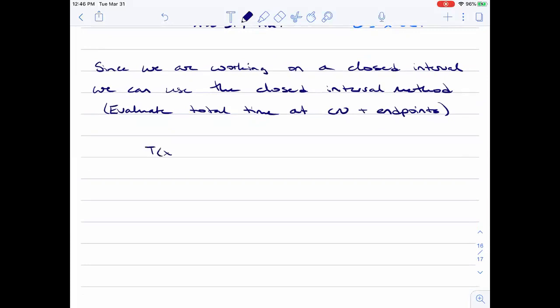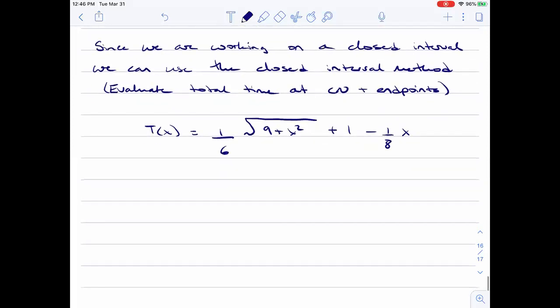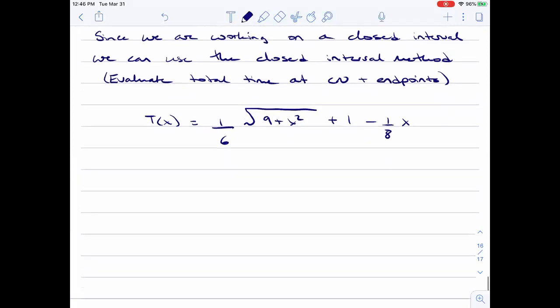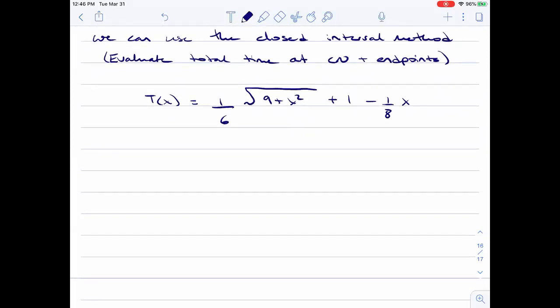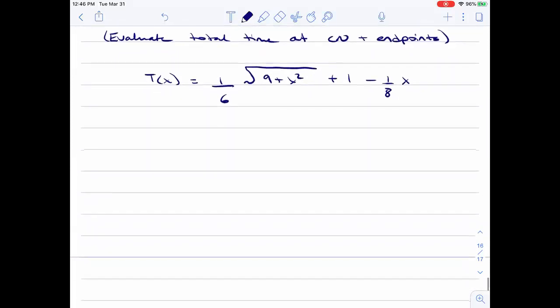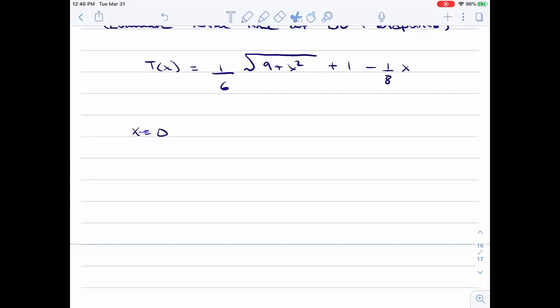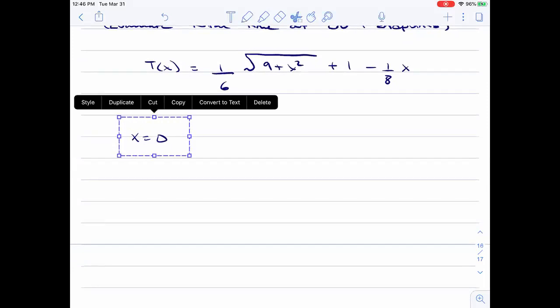Remember that t of x is 1/6 times the root of 9 plus x squared plus 1 minus 1/8x. It's important that you use the original function, not the derivative.